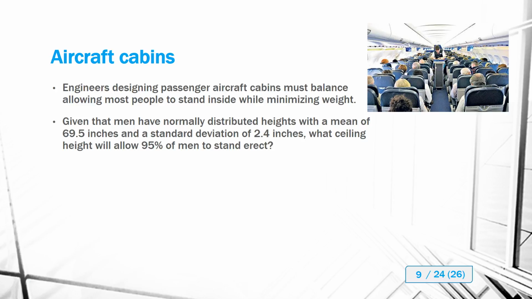And minimizing weight is a huge thing in aircraft design, because the heavier your aircraft is, the more fuel you need to get your aircraft off the ground and keep it airborne. Well, fuel costs money. In fact, aircraft fuel is one of the largest expenses for operating and maintaining aircraft. So it's in your best interest when designing an aircraft to minimize weight as much as possible.